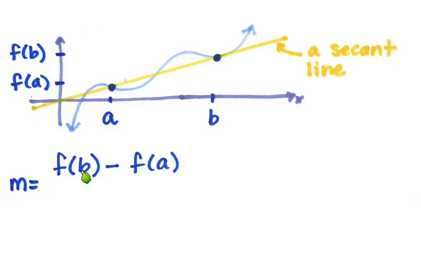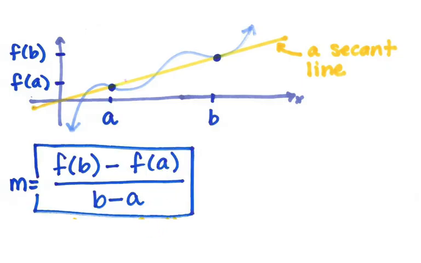So I'm having output minus output. This is like saying y sub 2 minus y sub 1. And we're going to divide that by the inputs, b minus a. These have to match up, f of b and then this being b. This is like saying y sub 2, x sub 2. This is like saying y sub 1, x sub 1.